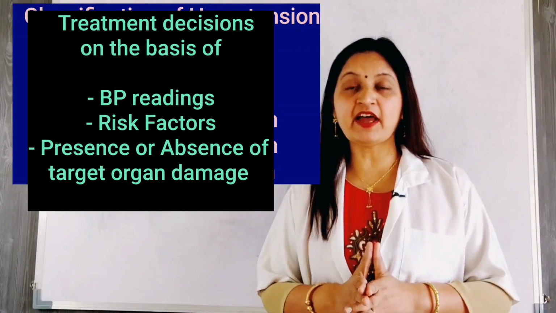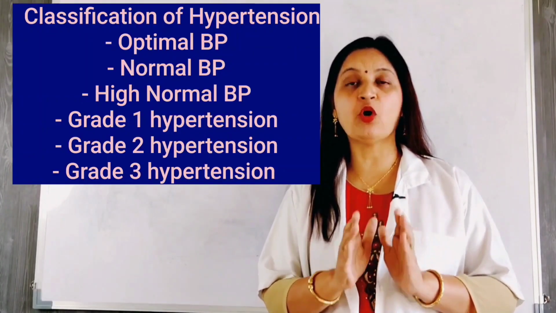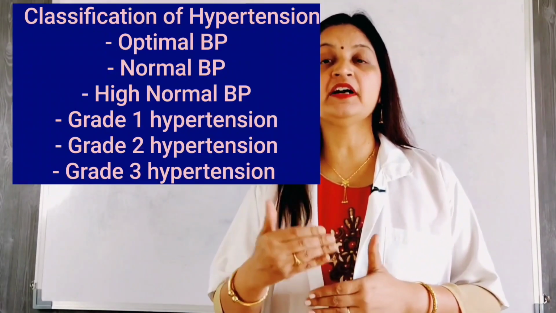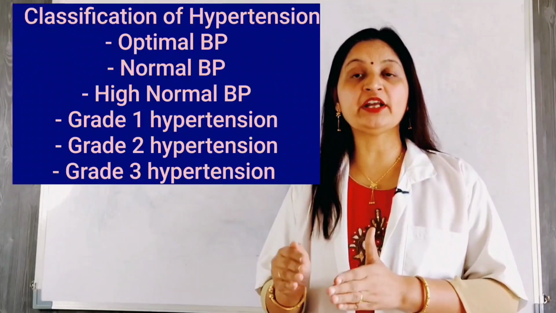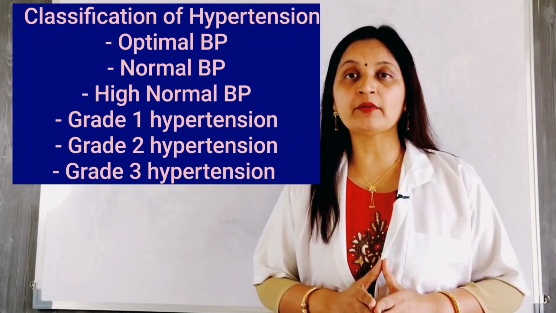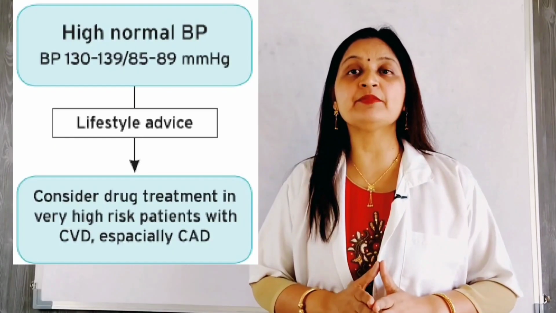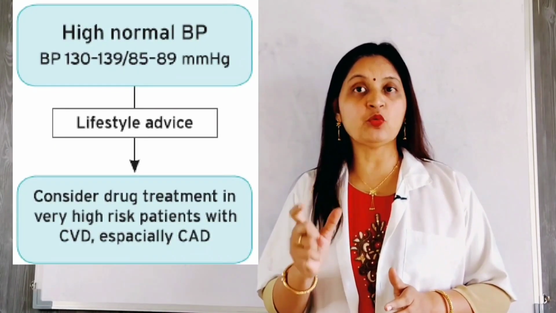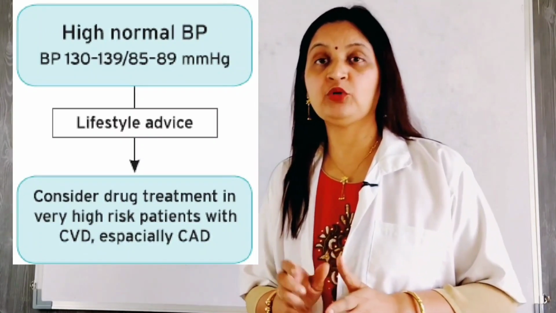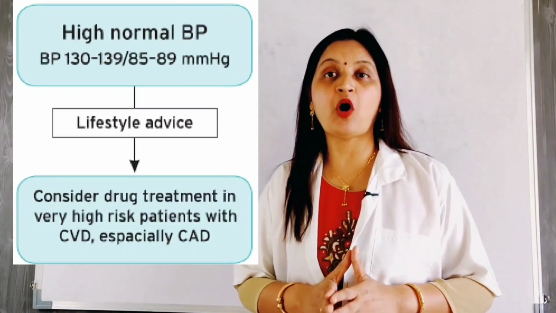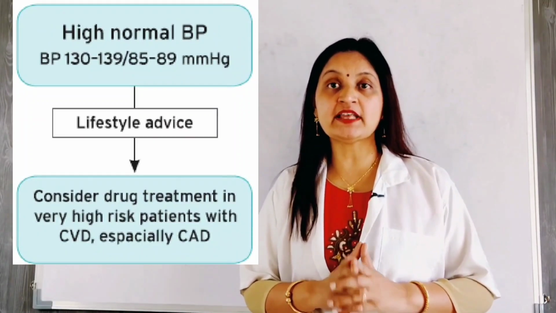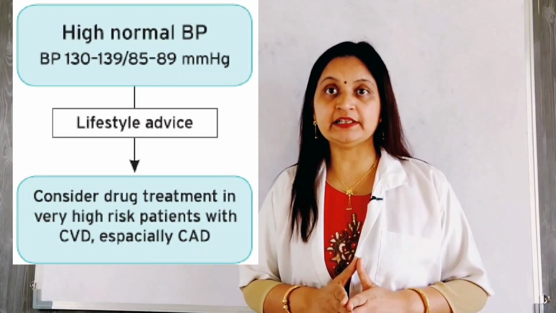Hypertension can be classified as optimal blood pressure, normal blood pressure, high normal blood pressure, and can further be divided into grade 1, grade 2 and grade 3 hypertension. Individuals with high normal blood pressure, that is systolic blood pressure ranging between 130 to 139 mm of mercury, and diastolic blood pressure ranging between 85 to 89 mm of mercury, are advised lifestyle changes and blood pressure is monitored regularly.